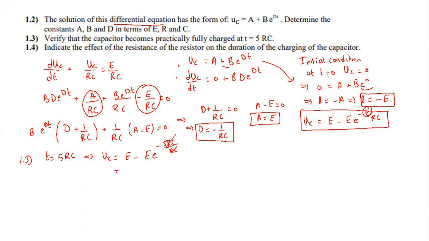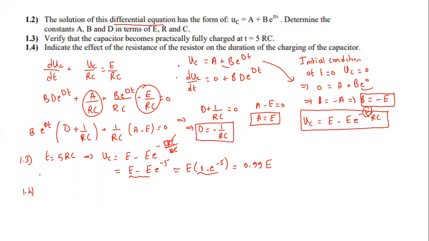We simplify, so it's equal to E minus E exponential minus 5. Using the calculator, if we take E as common factor, this will be equal to 0.99 E, which means that it becomes practically fully charged.